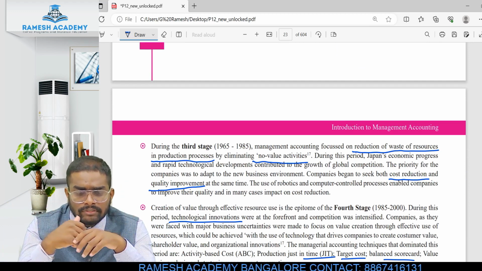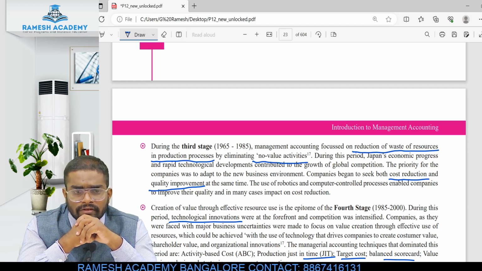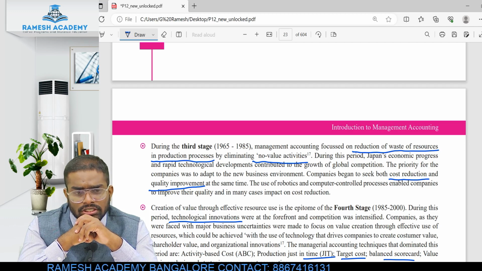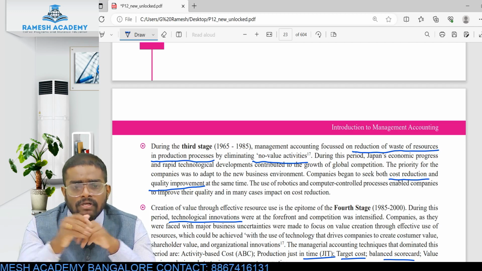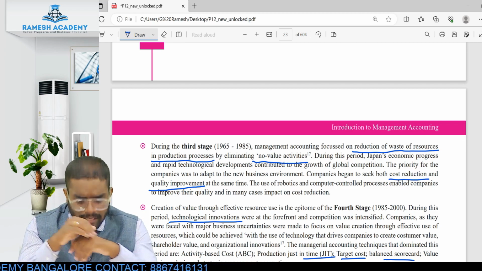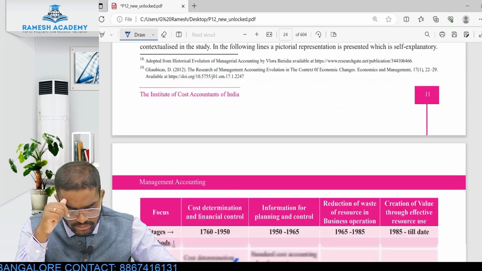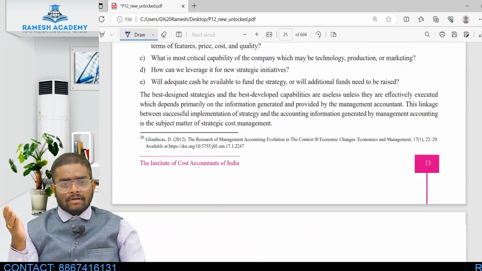In the fourth stage, which is the final stage, we were concerned about value creation and technological innovations. There we started with the concept of just in time, target costing, balanced scorecard, and value chain analysis and all those things.